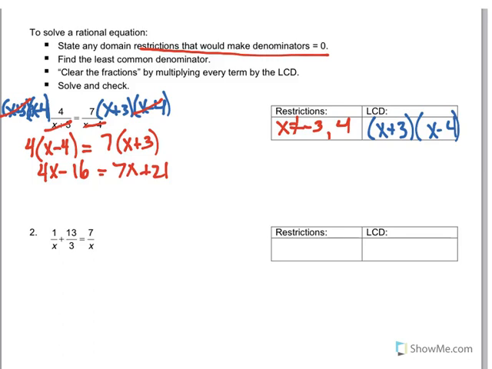Now, to solve for x, I'm going to subtract 4x from both sides, and I get negative 16 equals 3x plus 21.